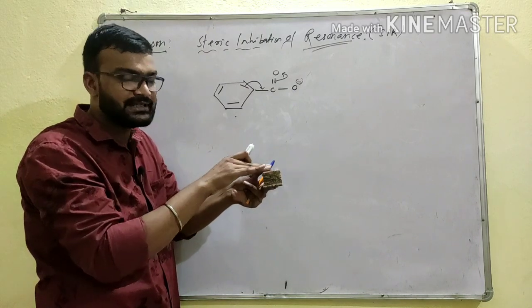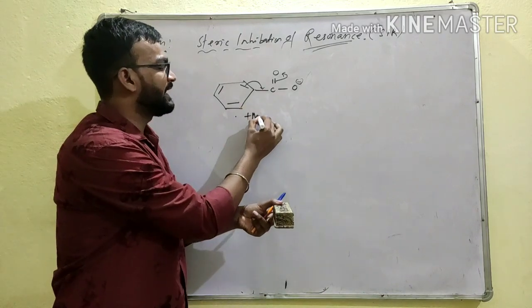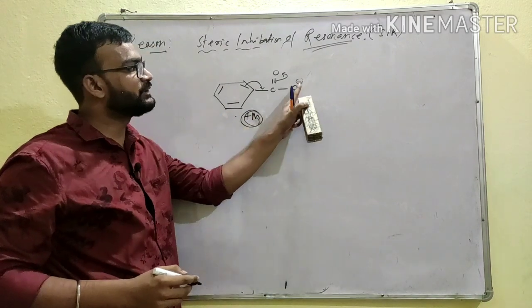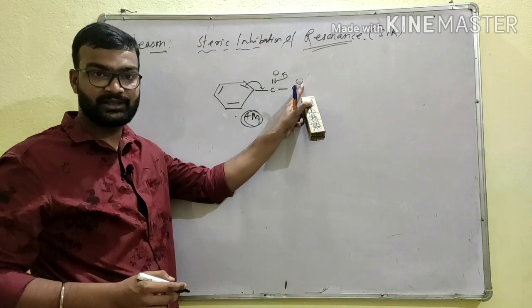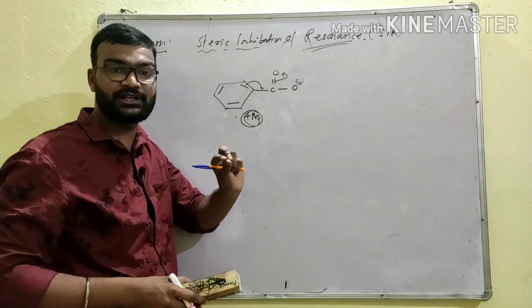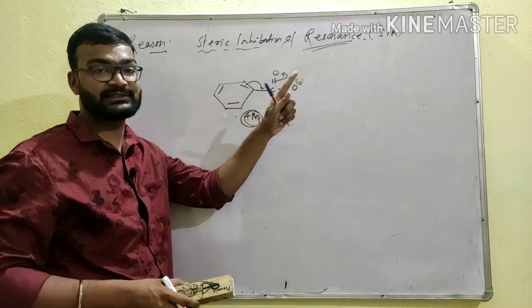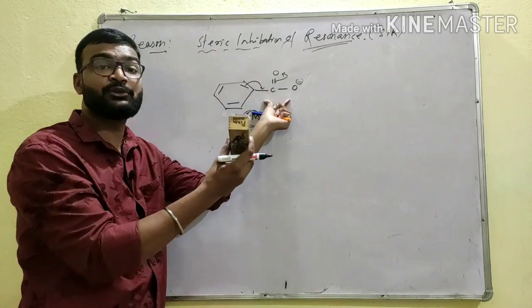Now there is no conjugation. If there is no conjugation, there is no plus M of benzene, so your negative charge will not be increased. As compared to this one, if you put an ortho substituted group, that will cause the steric inhibition of resonance that we discussed earlier, which will cause this group to go out of plane.